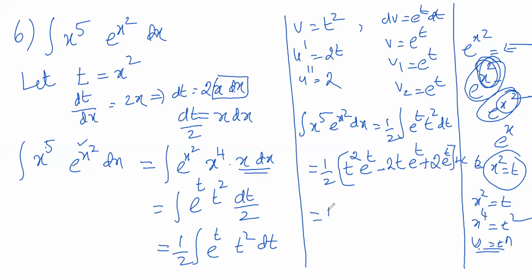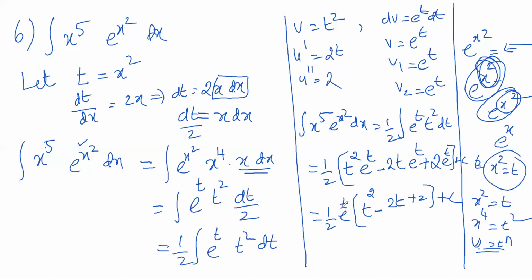So 1 by 2 outside, and e power t is common in all the terms. Taking e power t outside, we get t squared minus 2t plus 2, plus c. So the integration is over.